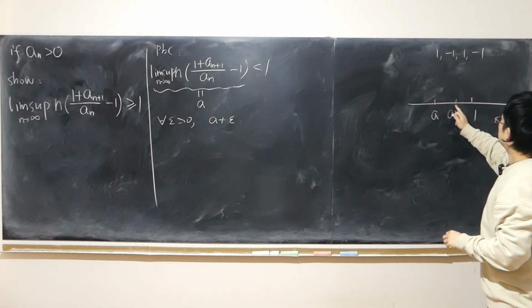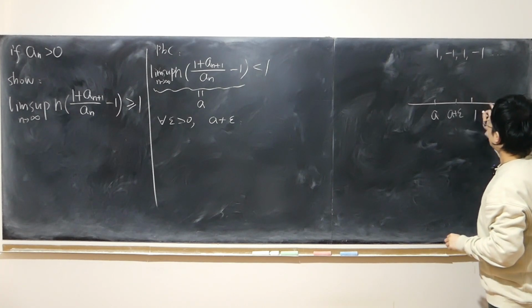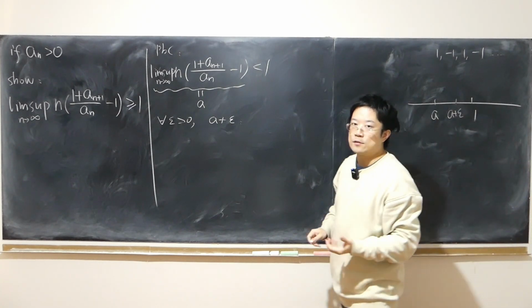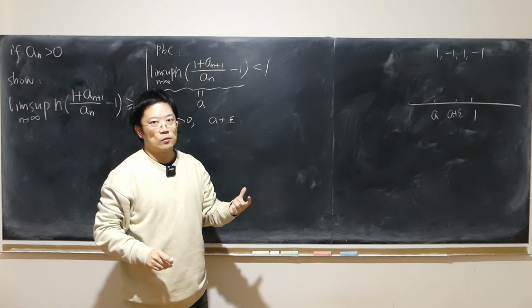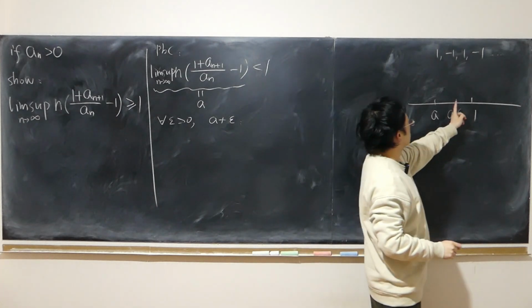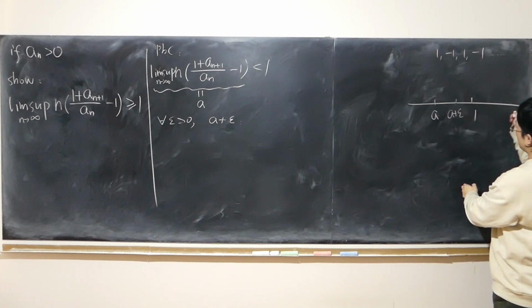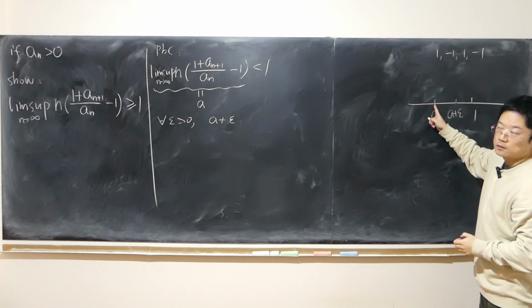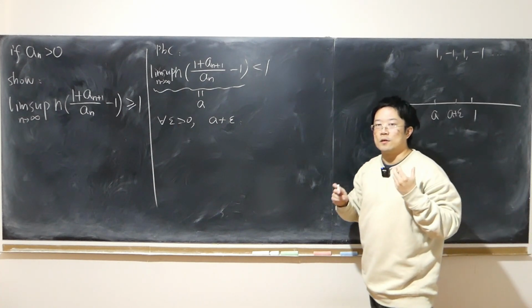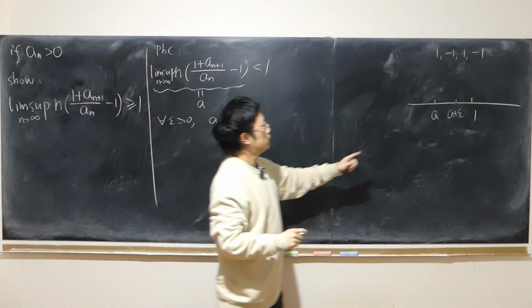If to the right-hand side of this point there are infinitely many members of that sequence, then according to the Bolzano-Weierstrass theorem, we can at least find a convergent subsequence whose limit is definitely bigger than this point, or even positive infinity. But we already know that this point is the greatest limit point out of all the limit points of the convergent subsequences.